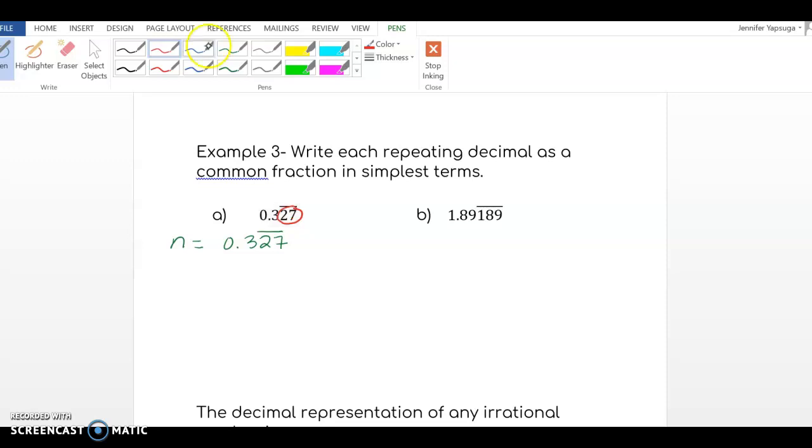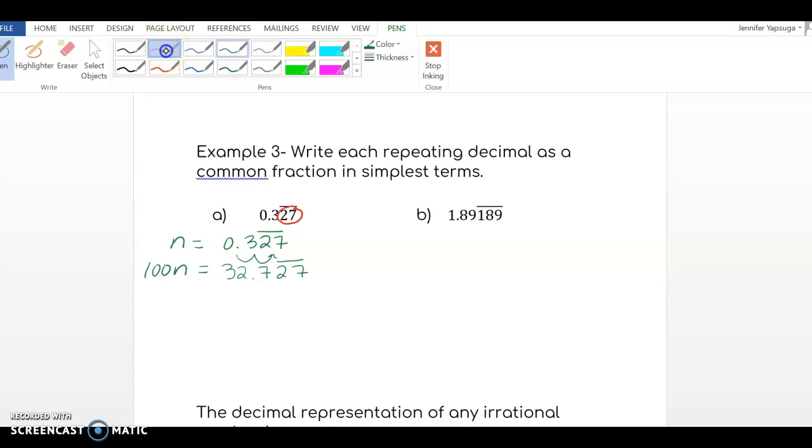So if I multiply both sides of this equation by 100, I would get 100n is equal to, and then when I multiply any decimal by 100, I just move my decimal point 2 places to the right. So this now becomes 32.727 repeating.